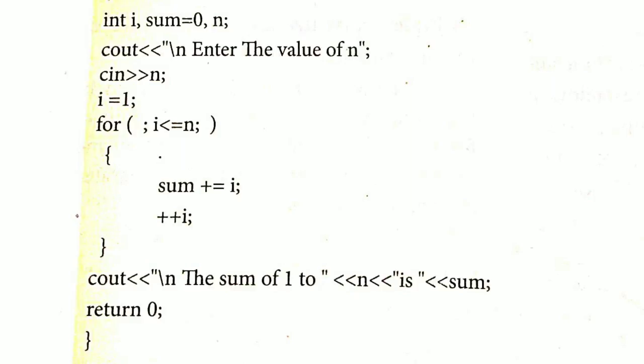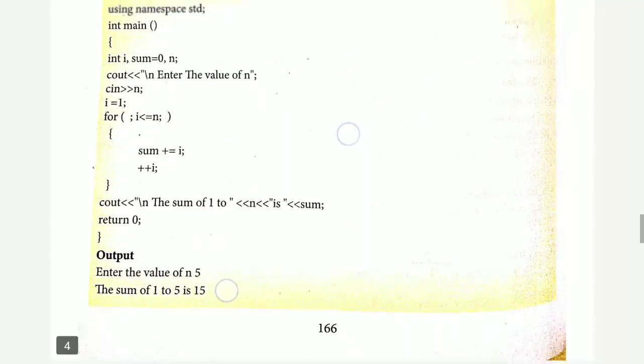For example, i is equal to 1 is given before the for loop itself, and the update statement is given inside the body of the loop itself. This is a way of using for loop.